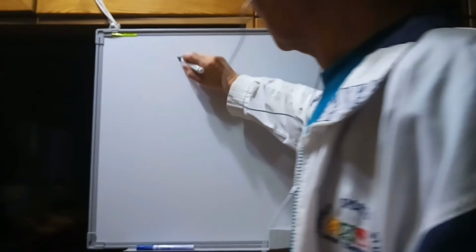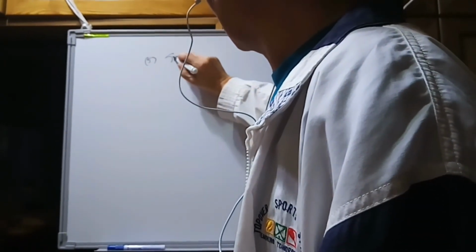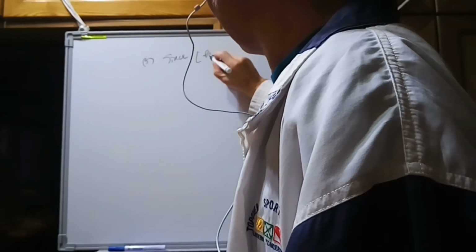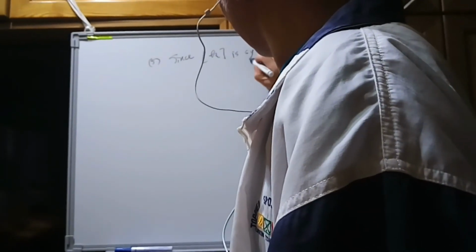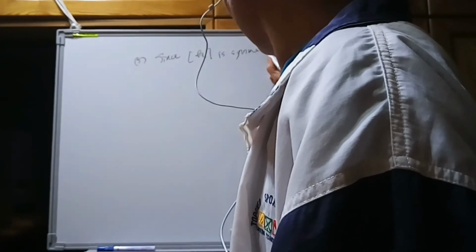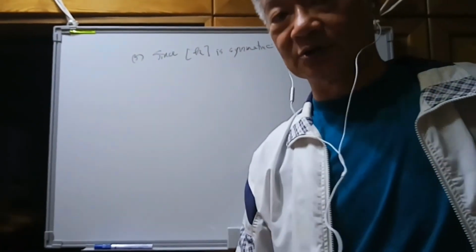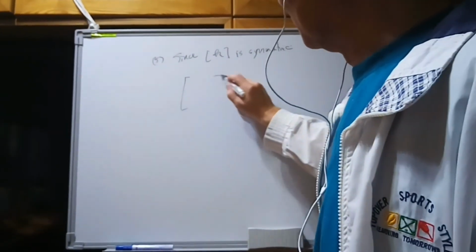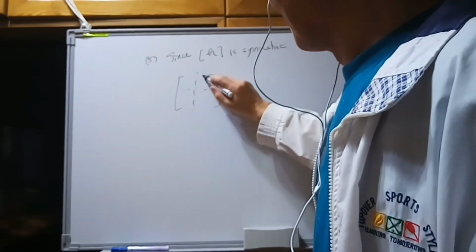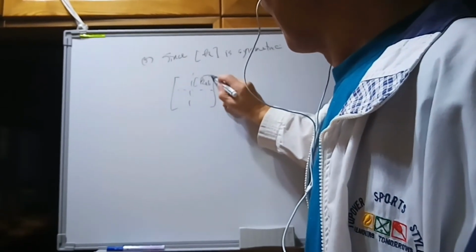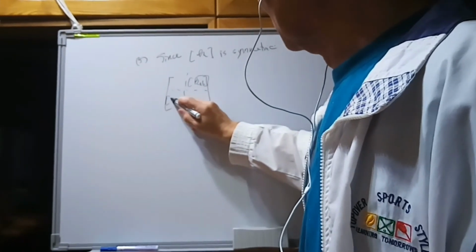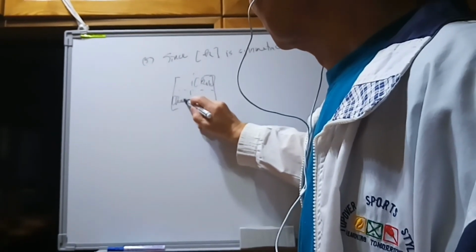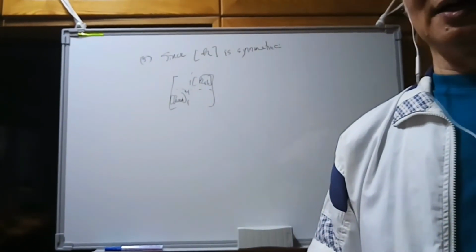Okay, since we know the K matrix is a symmetric matrix, if we know the KAB, then we can take the KAB transpose to get the KBA.